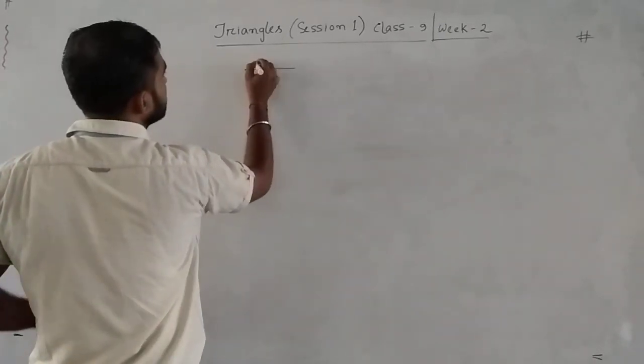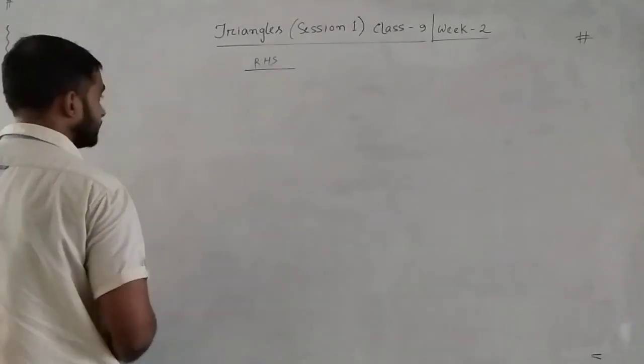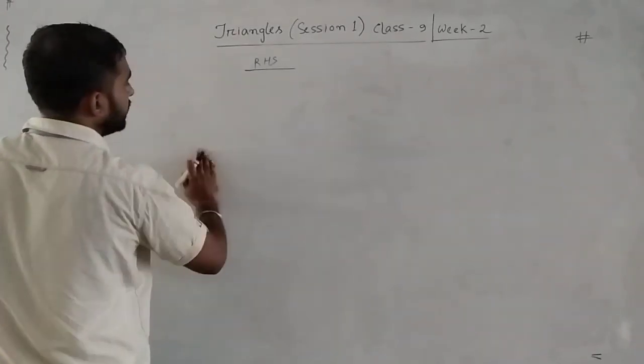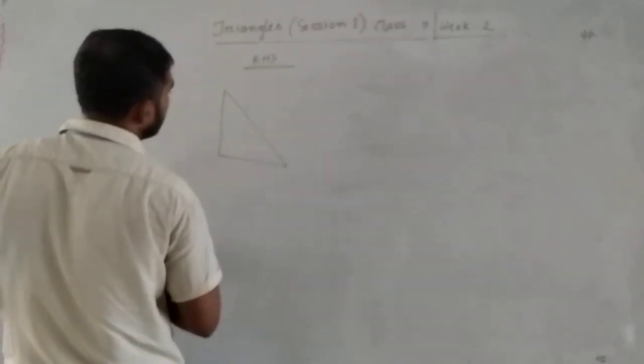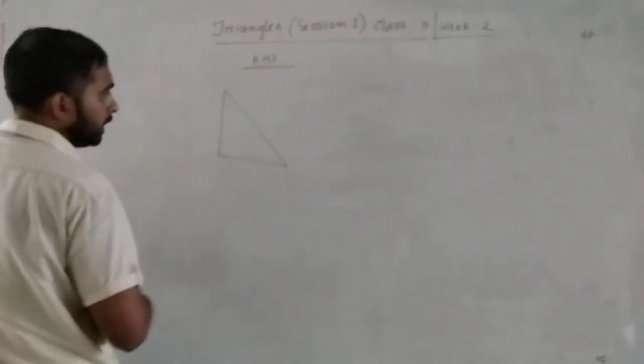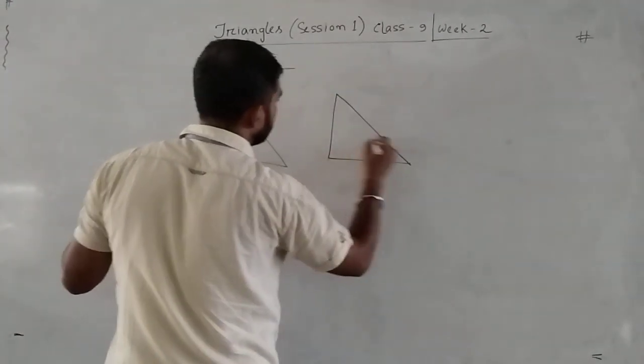Next one is RHS, right angle, hypotenuse, side. Now what is RHS? In RHS, one angle must be a right angle.